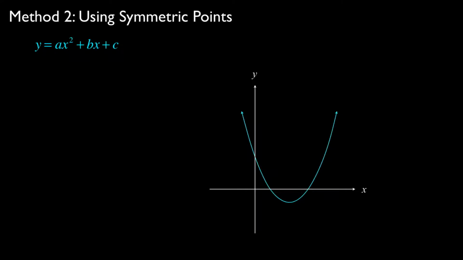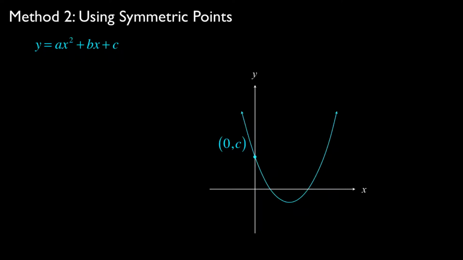So we're going to go through this in much the same way. We're going to start with just a general quadratic relation, y equals ax squared plus bx plus c. Then what I'm going to do is recognize something that we saw in an earlier video, that the y-intercept is c for any parabola. In other words, if you substitute 0 for x, you would get y equals c.